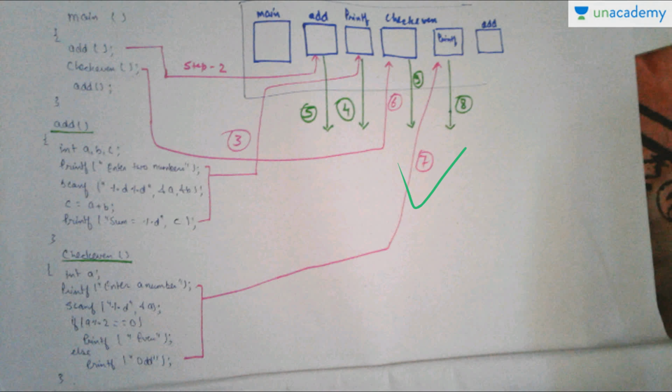Now control will move to the third line of the main function, that is add function, and similarly the process will go on and it will consume memory inside the RAM. After execution of these three functions, they will be released from the RAM, and after that, the main function will also be released from the RAM.